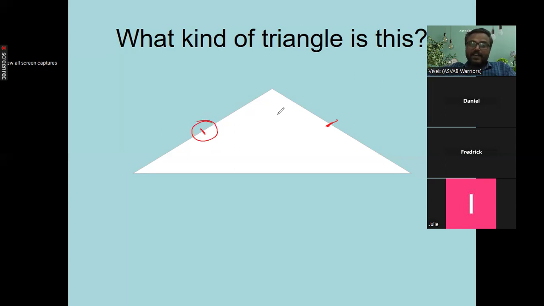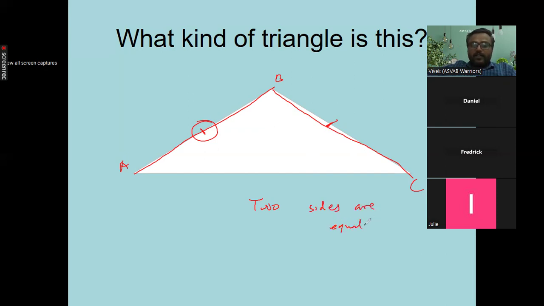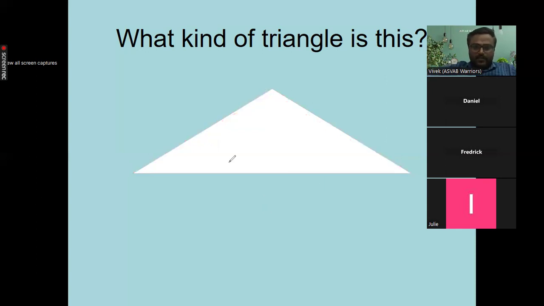Because this side, let me name it A, B, and C. AB is equal to PC, and where two sides are equal, that means it is nothing but an isosceles triangle. And here it looks like an obtuse angle, so you can call it an obtuse isosceles triangle, or for now you can just call it an isosceles triangle. That's awesome.